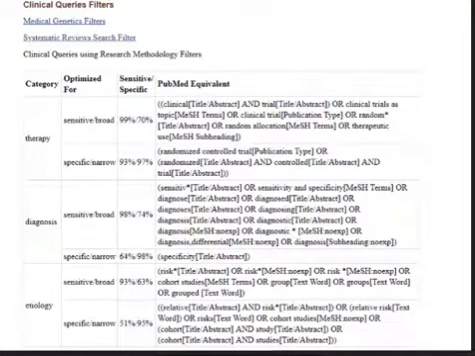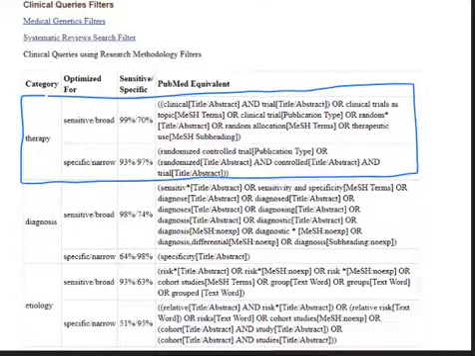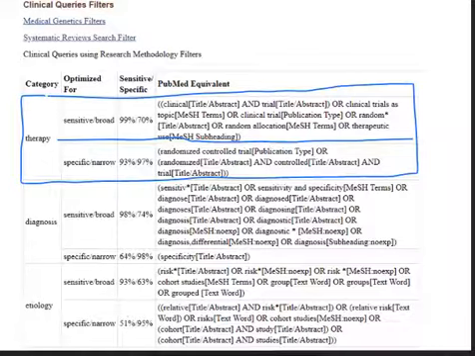So if we look, first of all, here at this section in this table where it says therapy. Okay, so they've got two rows, and the screen grab I took there kind of obscured something in the clinical queries options. You can choose the question category, like therapy, but you can also choose whether you have a sensitive approach to papers with this angle or a specific approach.